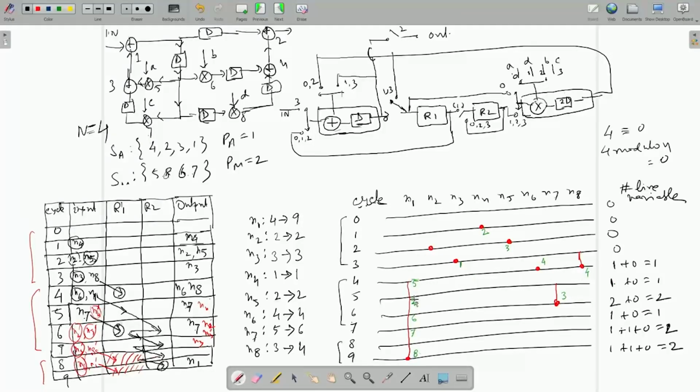So, that is what I have done. Now, consider this N8. N8 is born at the output of multiplier 8, and it goes to adder 4 after one cycle.